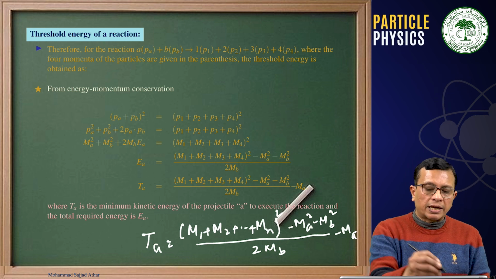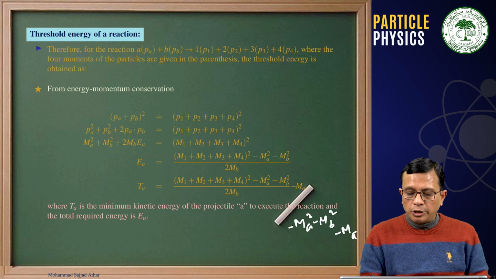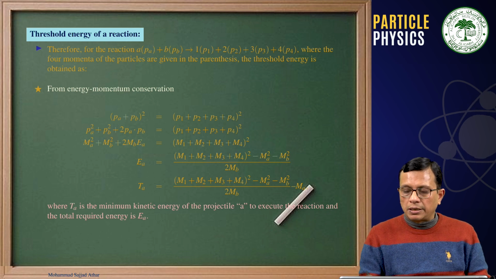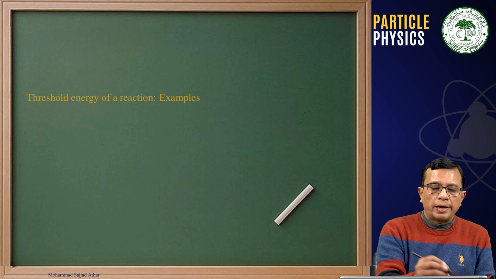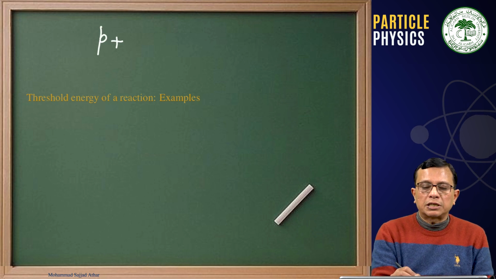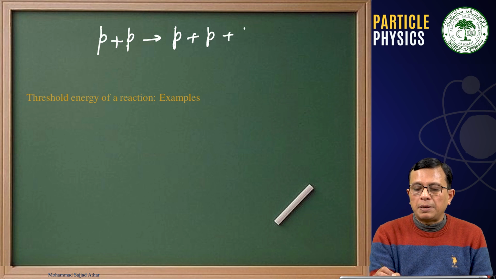Now, let us take a few examples to understand it more lucidly. Suppose I am talking about a process P plus P going to P plus P plus P plus P bar.